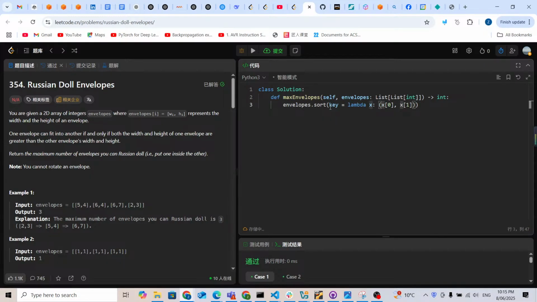But it's going to be sorted in decreasing order for the second index, and for the first index, in increasing order, because only in this way, if we take out the second index, we can directly find the longest increasing subsequence. Now we're going to take out the second index for all the numbers: b for a, b inside the envelopes.